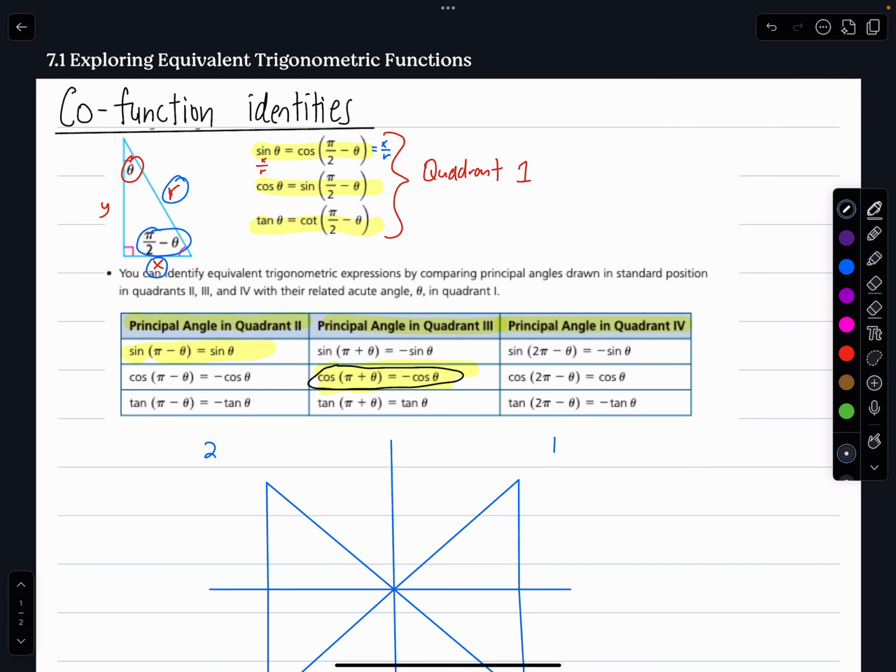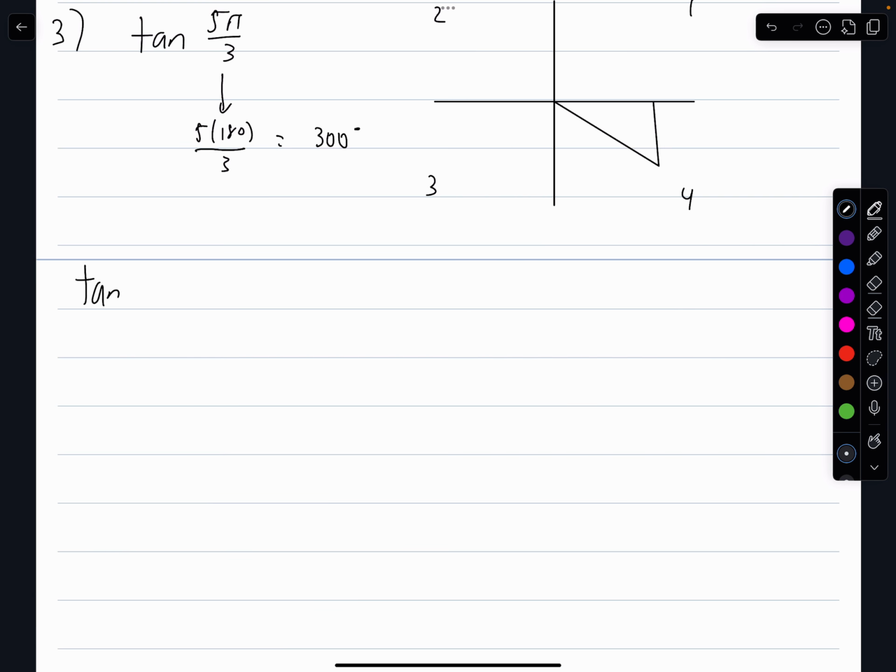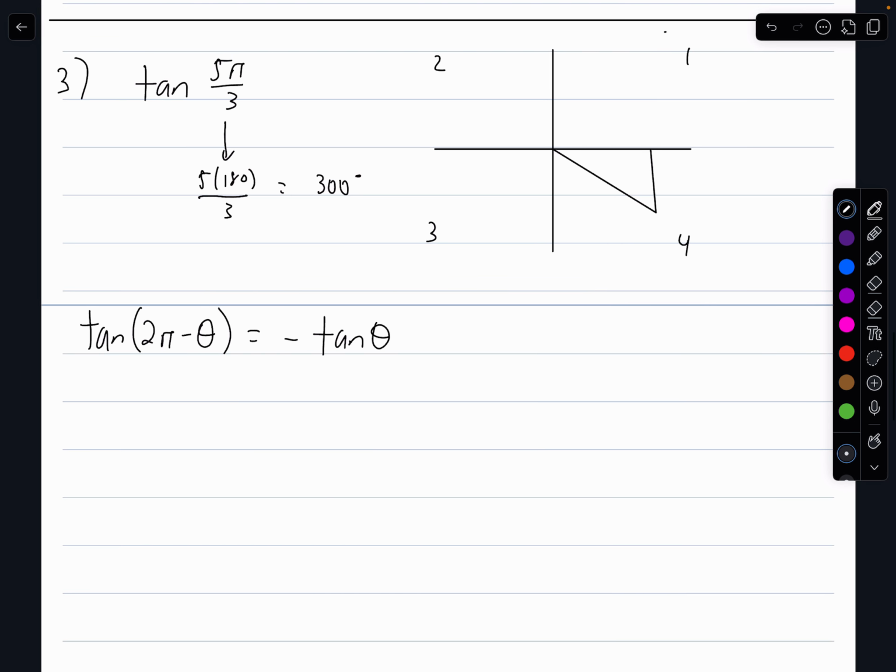So it says tan 2 pi minus theta is equal to negative tan theta. So now we need to know, okay, 2 pi minus theta has to be equal to my 5 pi over 3. So let's solve for theta.